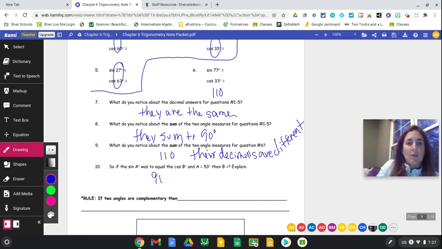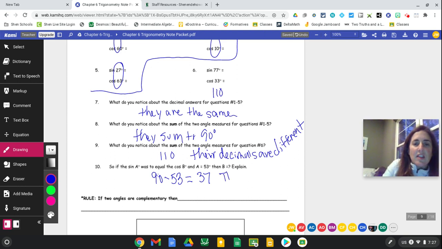So if I know that out of the 90, I have 53 degrees, I would do 90 minus 53, and I think I end up with 37. So that angle measure would have to be 37 degrees because technically they are complementary.